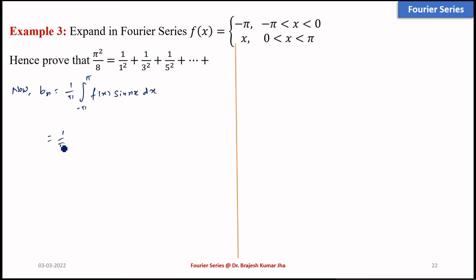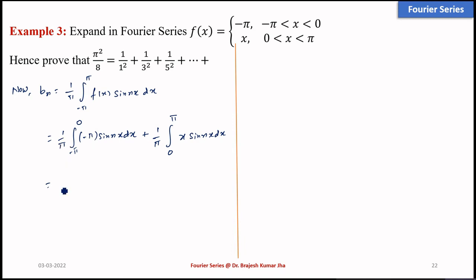Again, in two parts we will integrate, from minus pi to 0. So for that, f(x) is minus pi, sine nx dx, plus 1 upon pi, 0 to pi, and for this it is x sine nx dx.